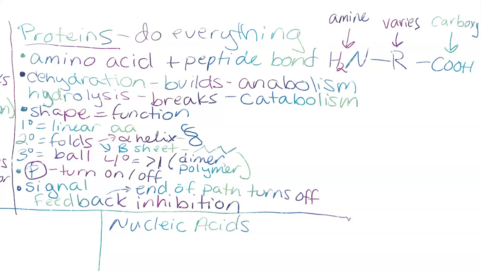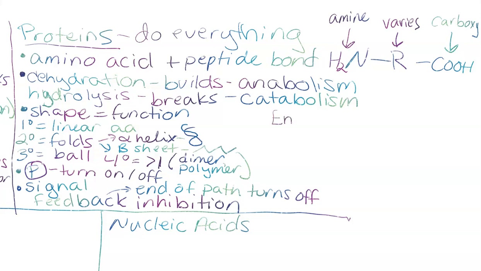What does that mean? Let's say that I wanted my signaling pathway to make, I don't know, a hormone, right? And when I get enough of that hormone, I want it to stop. So the hormone would inhibit the signaling pathway from making more hormone. That makes sense.